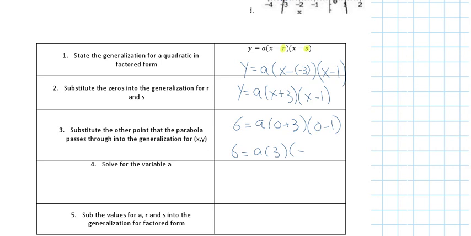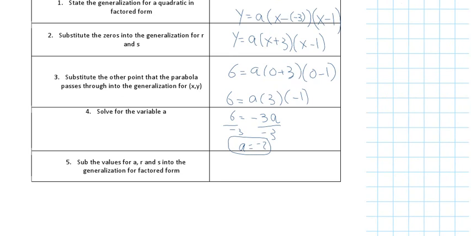So 6 equals negative 3a, because I have 3 times negative 1, that's negative 3a. And then I'm going to divide by negative 3. So a equals negative 2. I found my a value. So now I can plug it in the formula, and that is my factored form.